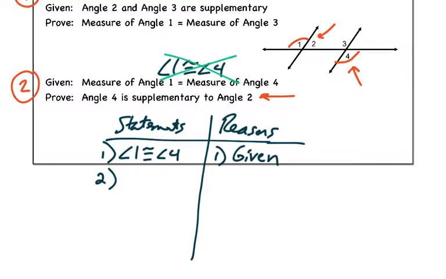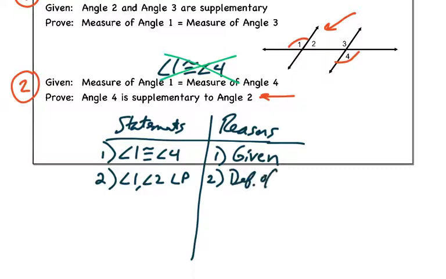So let's go back to the picture and see if there's anything we could get out of there. In the last proof, we were able to squeeze some juice out of 1 and 2 being supplementary, and that was kind of cool. Well, let's do that again. Now remember how we did that. In order to show supplementary, we showed it was a linear pair first. So I'll say that angle 1 and angle 2 are a linear pair. And remember from last time, that was by definition.